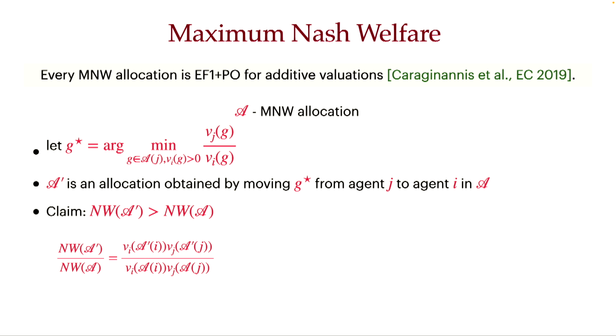Notice that I only changed the allocation of I and J, correct. For everybody else it remains the same. So, values will cancel out. The only thing that will remain is the valuation of agent I with respect to the new bundle and valuation of J with respect to new and old both, numerator and denominator.